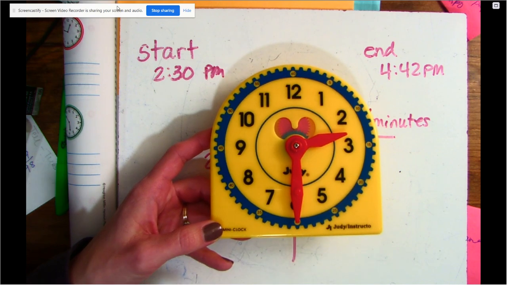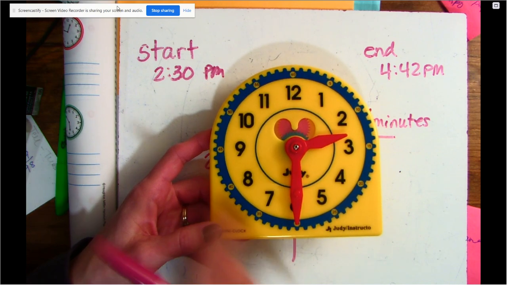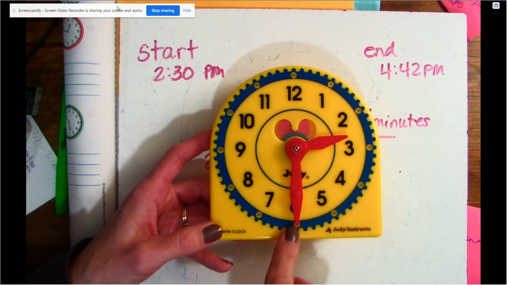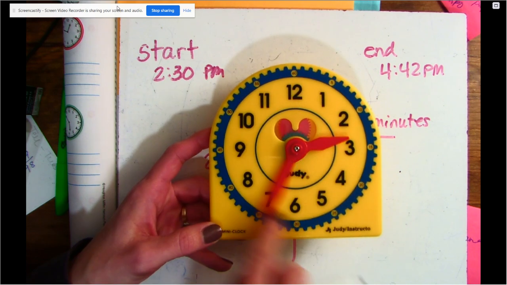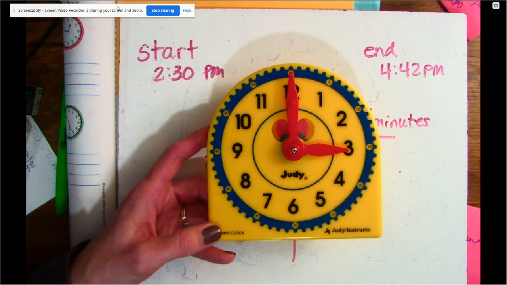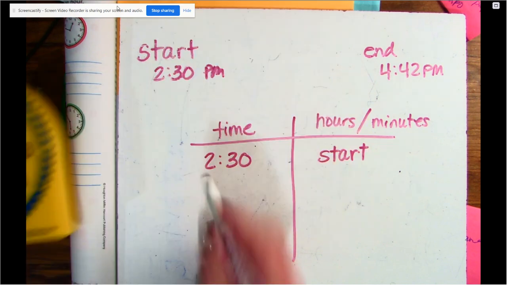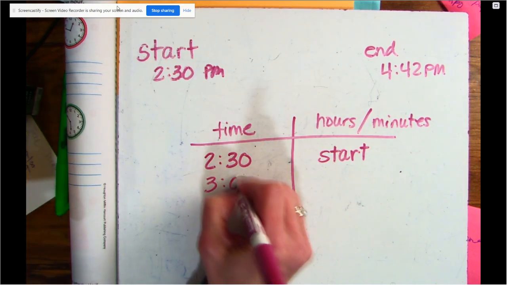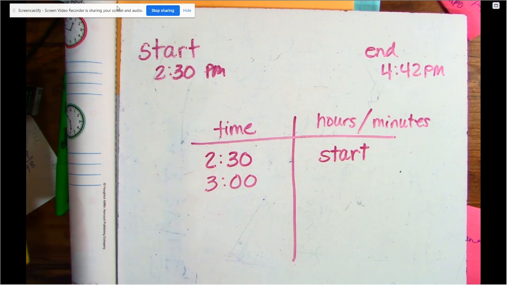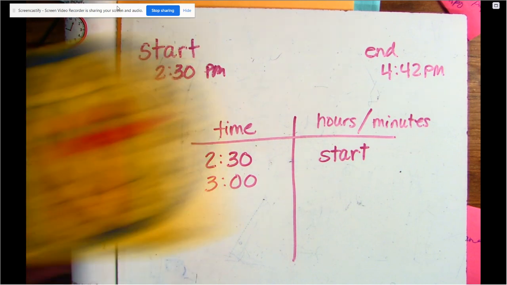That's 3 o'clock, right? So 3 o'clock would be my next hour. Okay, and I want to think how much time would go by until 3 o'clock. Let's hop to 3 o'clock. I'm going to write 3 o'clock on my chart. How much time passes by from 2:30 to 3 o'clock? Here's my clock again.